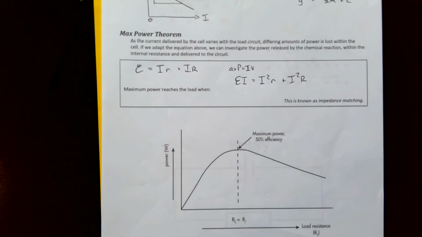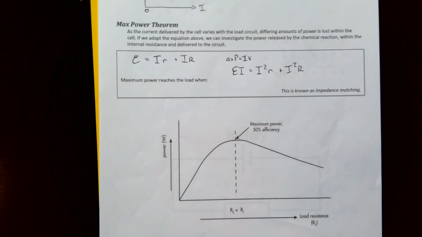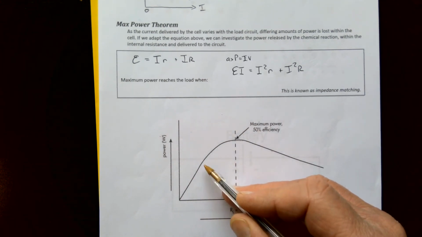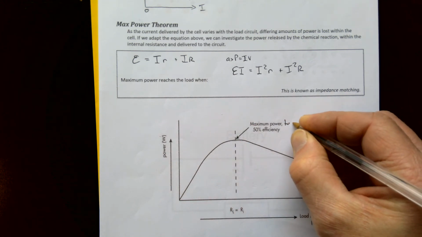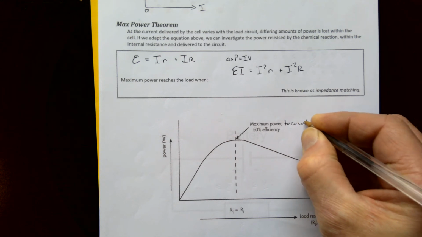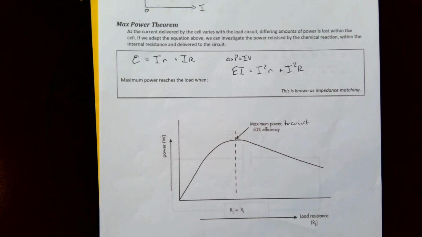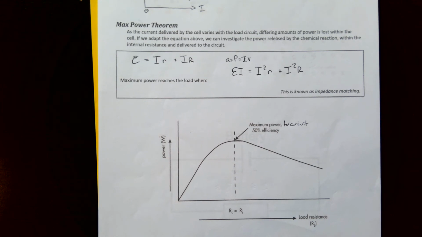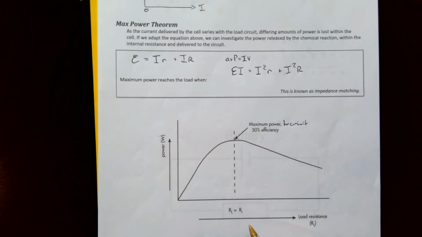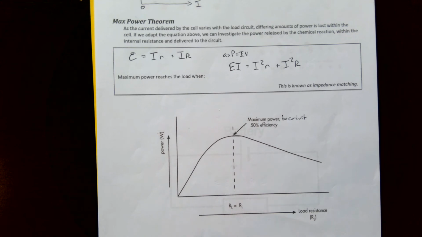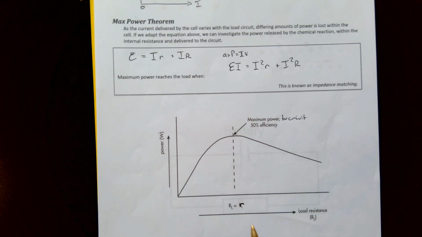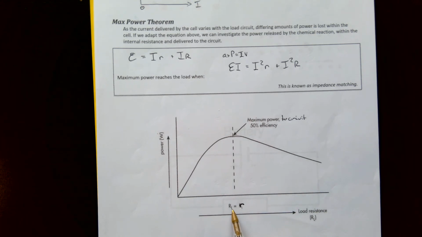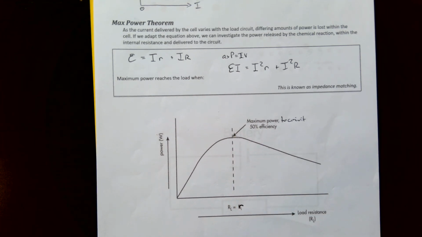But what you should find is that you will get this actually working out your power delivered. Maximum power to circuit is always going to be only 50%. So we will always lose energy inside, but when our two resistances are equal, and I'm just going to change that to our little r, so where I've got my little internal resistance, when it equals the load resistance, then that is when you'll get your peak there.